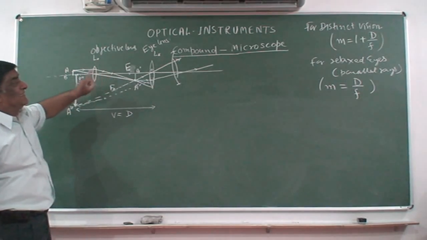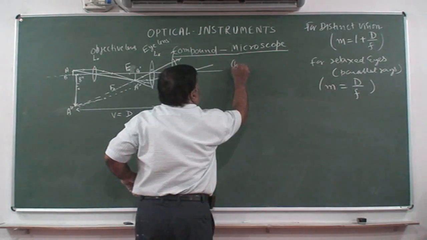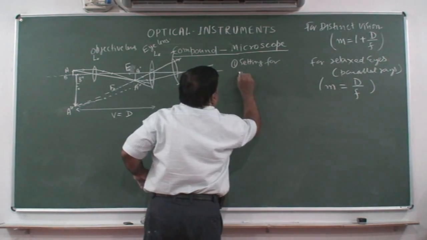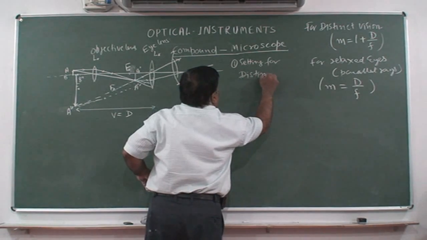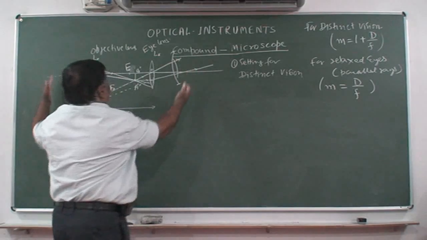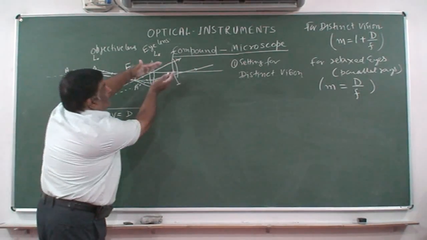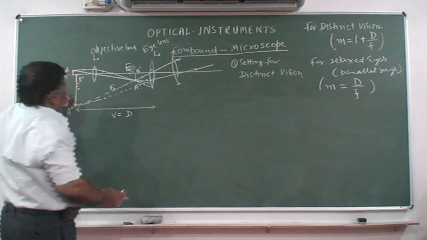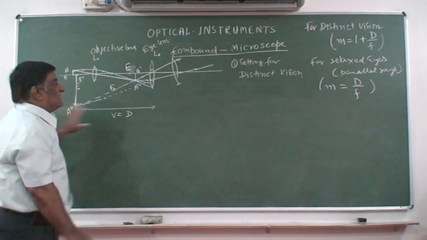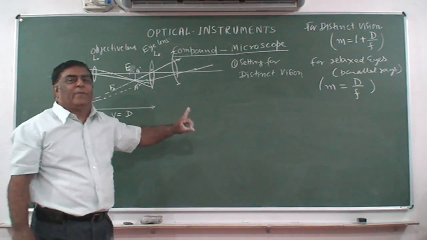So this is our setting for distinct vision. Okay, this diagram you will remember, setting for distinct vision, and these rays must diverge and they will meet at a point which you will write as D. Okay, this is done. This is the ray diagram, this is the description.